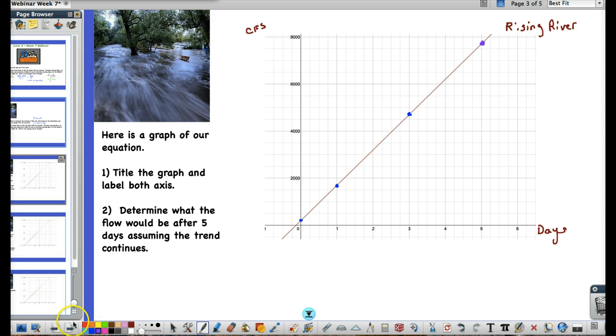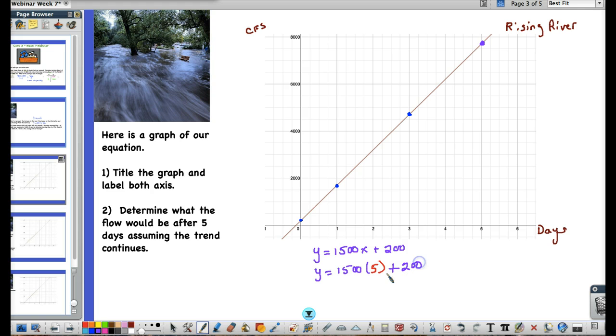If you have this on a computer and it's all programmed, then it'll just calculate it for you. But the way it calculates it is it actually takes the equation, y equals 1500x plus 200. Remember that x represents days. So if I want to figure out exactly, I'm going to plug in the 5 days for x, and then solve.